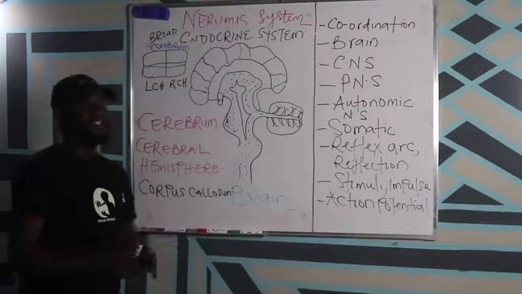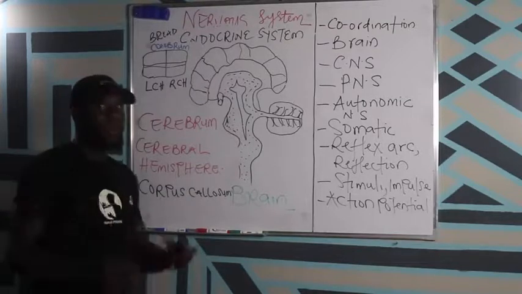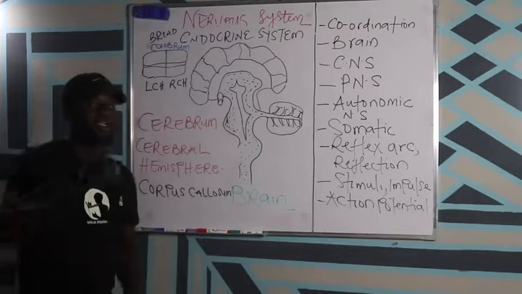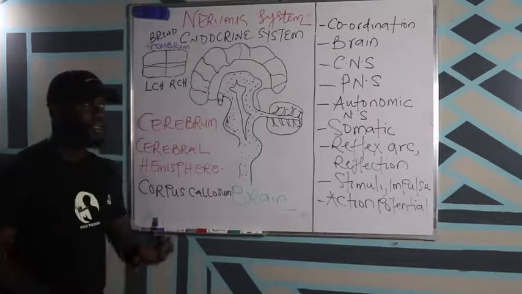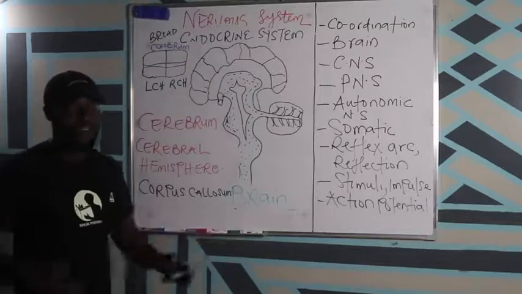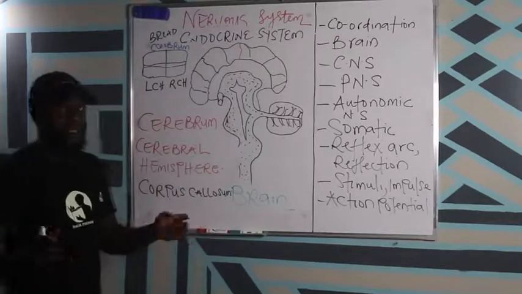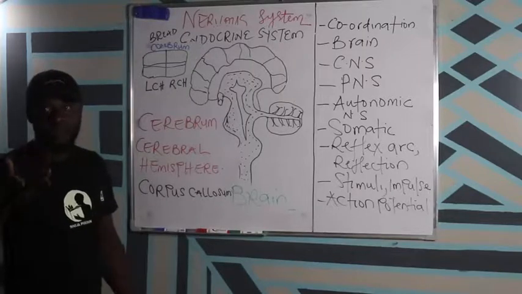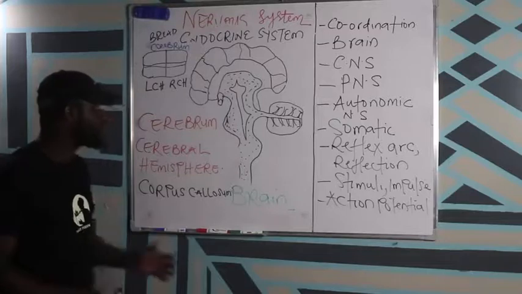The nervous system is divided into the central nervous system and the peripheral nervous system. The central nervous system is divided into the brain and the spinal cord. The peripheral nervous system connects the central nervous system to all parts of the body through nerves, and it is divided into the somatic and the autonomic, or spinal and cranial nerves.